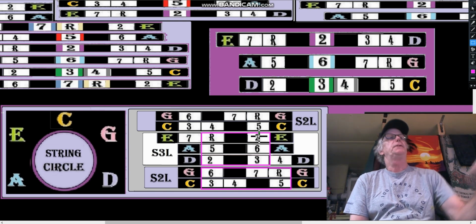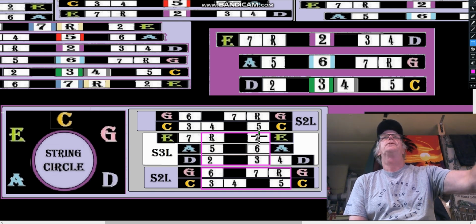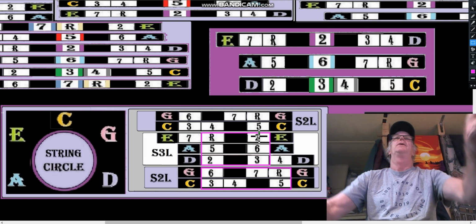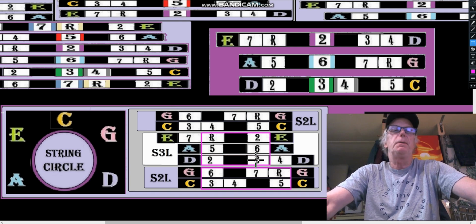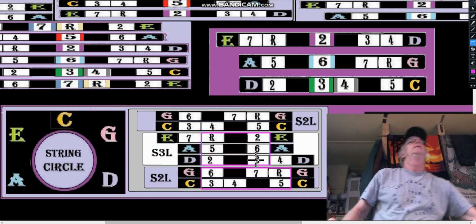It is a pentatonic scale. Okay, so that's the bottom of your D-shaped pentatonic scale.